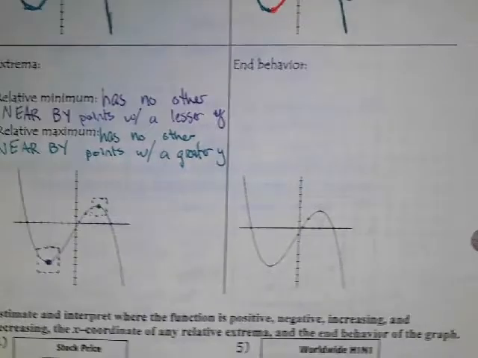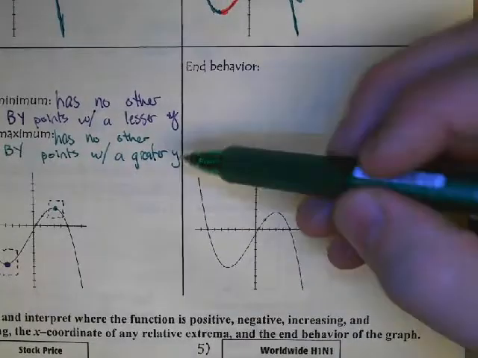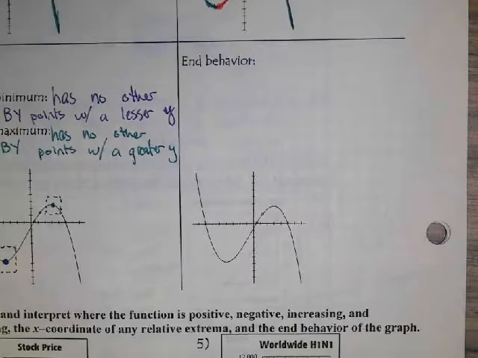And so our end behavior is kind of what's the graph doing as it goes off forever in those directions.